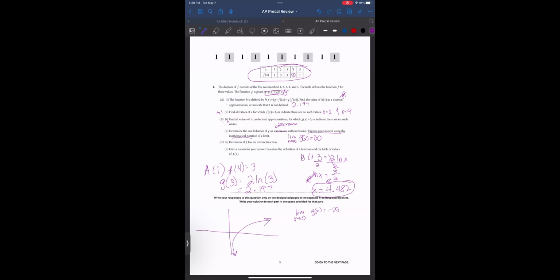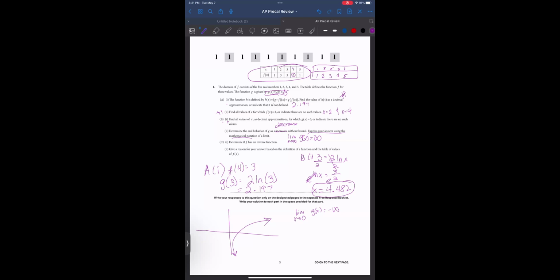So it doesn't have an inverse function because what happens? The inverse function swaps my x and y values, right? Meaning that an inverse of this one would swap the coordinates of each point.